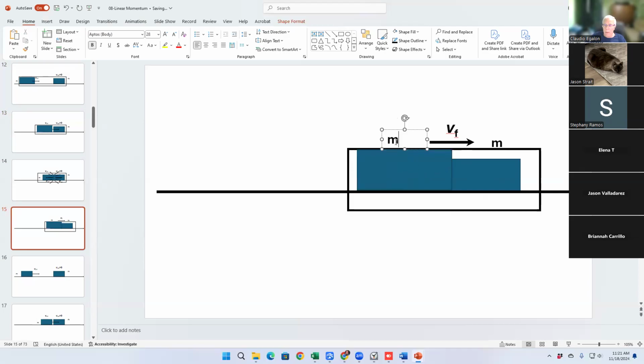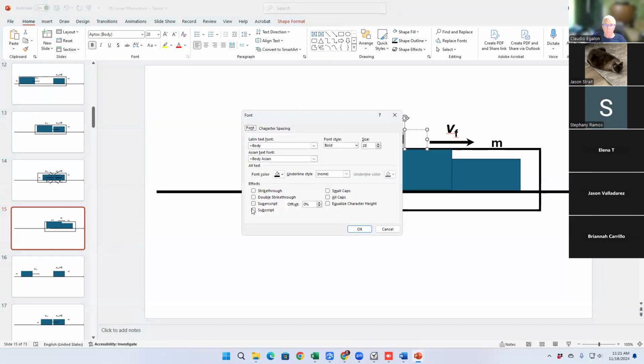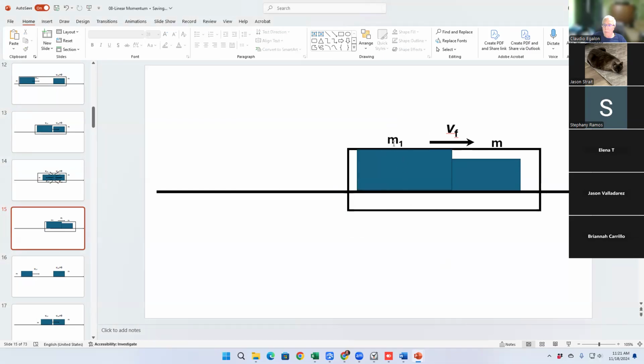And should be M1, right? M1 subscript, M2. Like that.